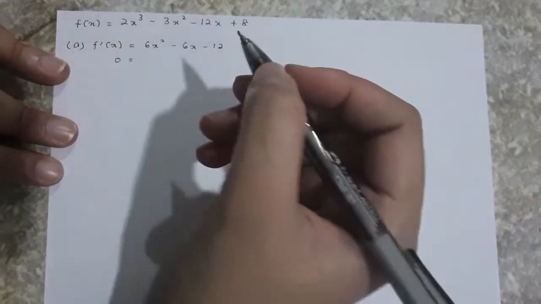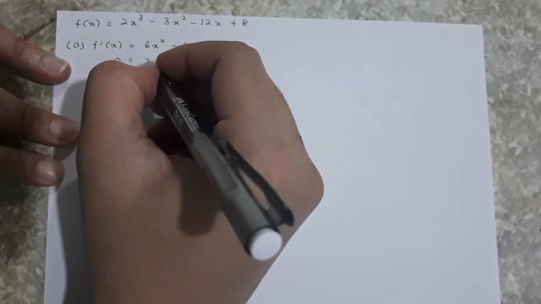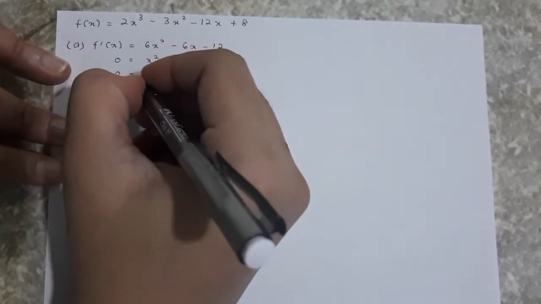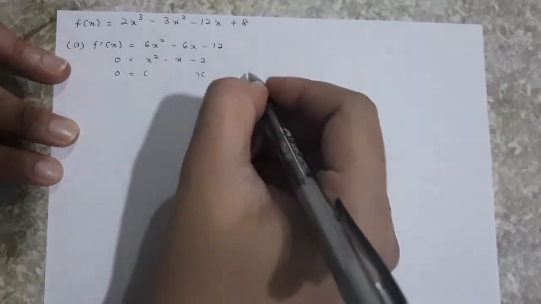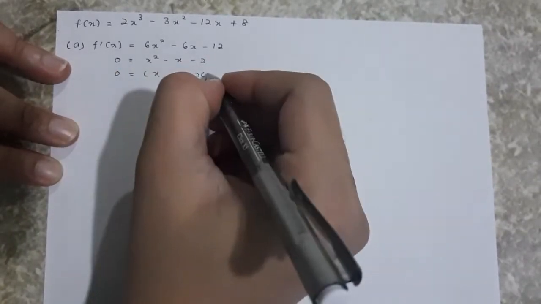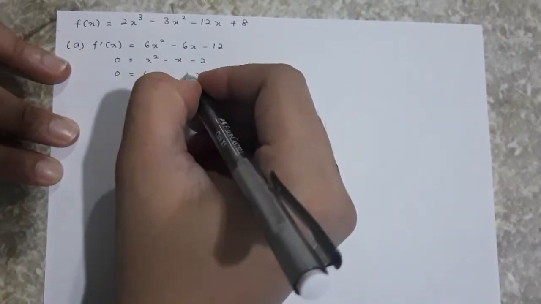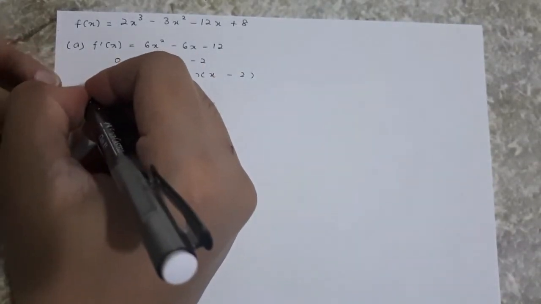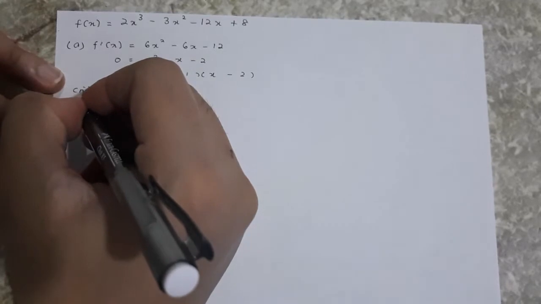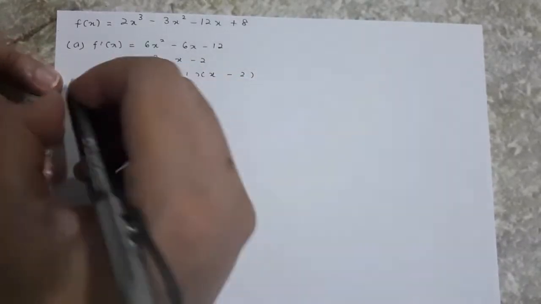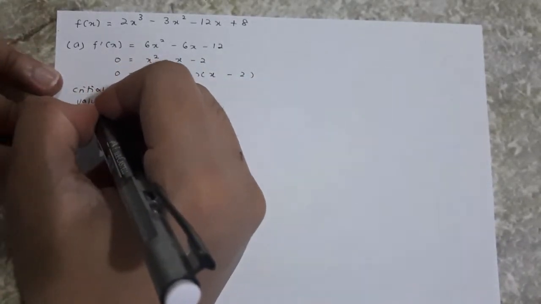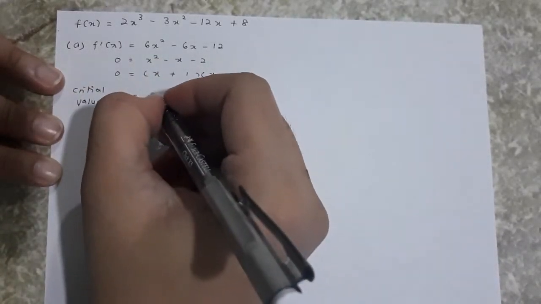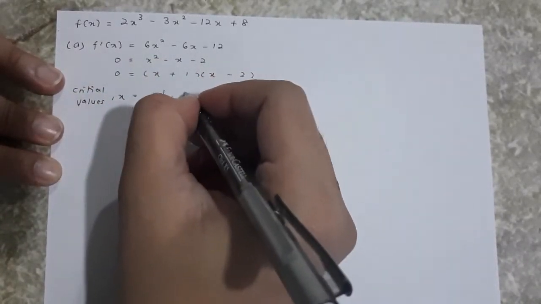We can simplify x squared minus x minus 2, factorize, we get x plus 1, x minus 2. From factorization, we can get the critical values. So x equal negative 1 and x equal 2.